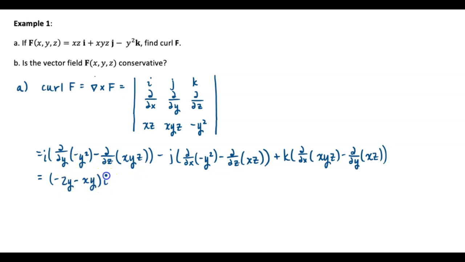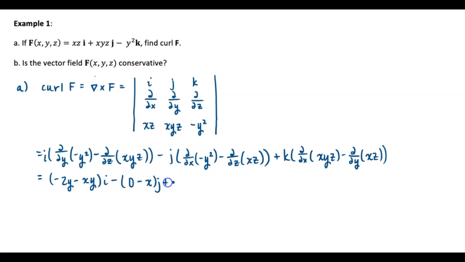So this is our i component. Minus the partial with respect to x of negative y squared: with respect to x, y is just a constant, and the derivative of a constant is 0. The partial with respect to z of xz, treating x as a constant, is just going to be x.